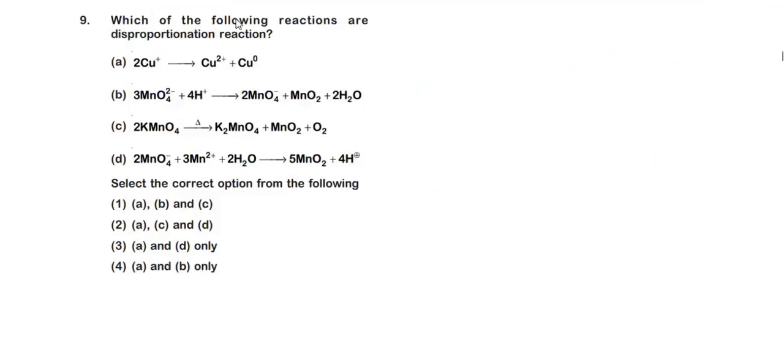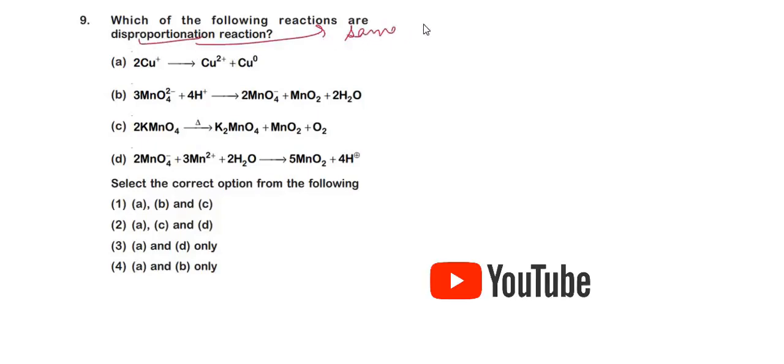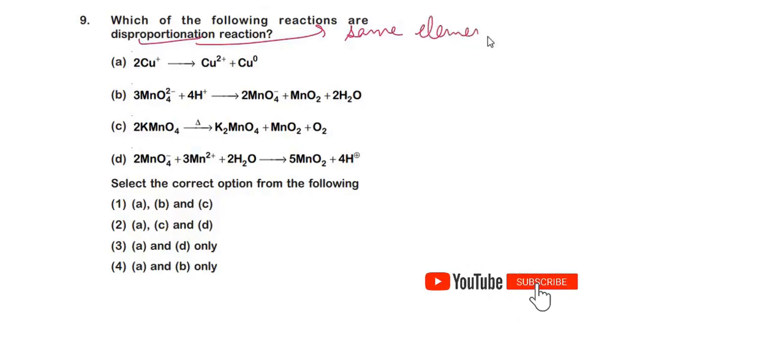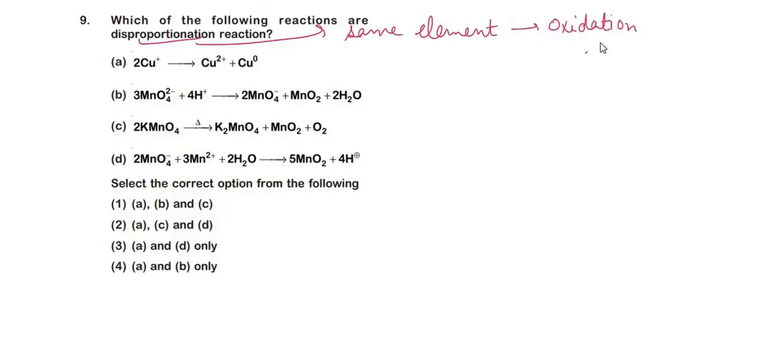The next question is: which of the following reactions are disproportionation reactions? Now what are disproportionation reactions? These are reactions in which the same element or same species undergoes oxidation as well as reduction. See here, in the first case, copper changes from +1 into +2 and 0.